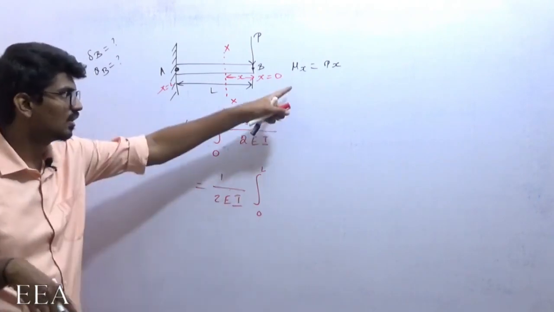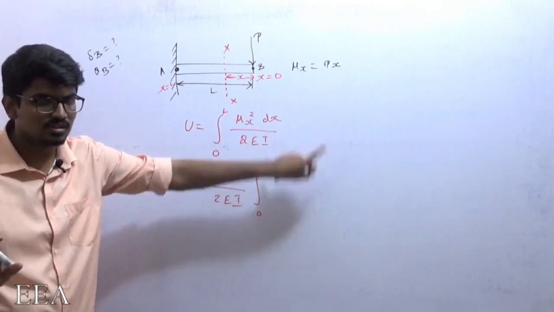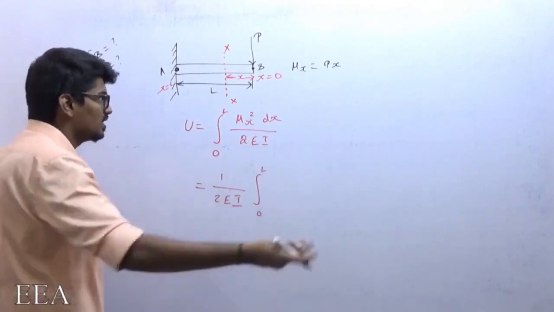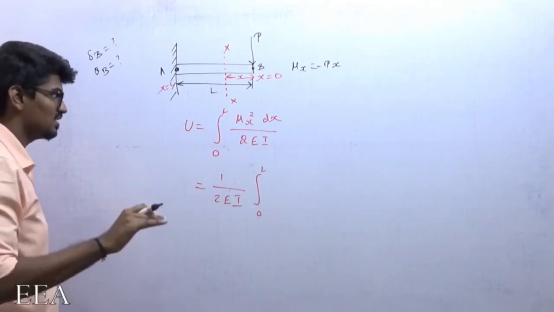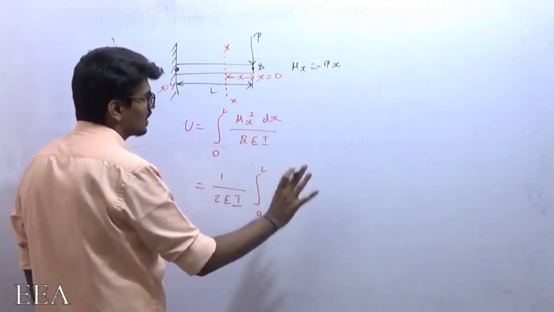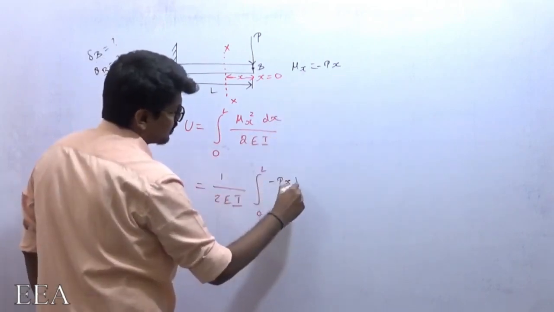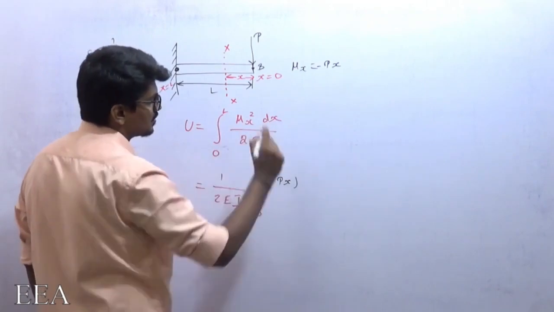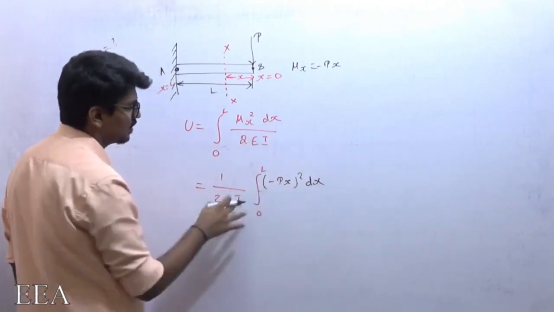Anyway, it is hogging. If you want to mention it, you mention negative, but it is not at all an issue. If it is hogging, I am mentioning it as negative, though it is not necessary. Let me take minus Px as Mx, and in place of Mx I substitute that whole square dx by, and anyway 2EI has been taken outside, right?